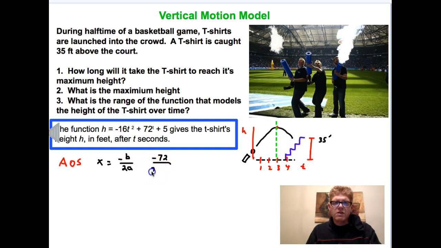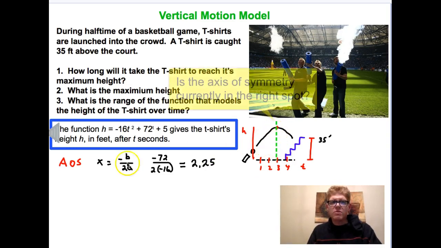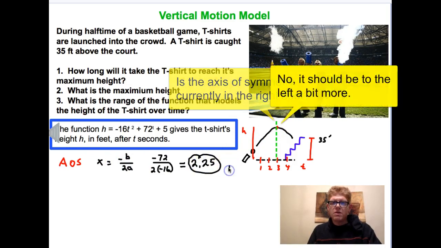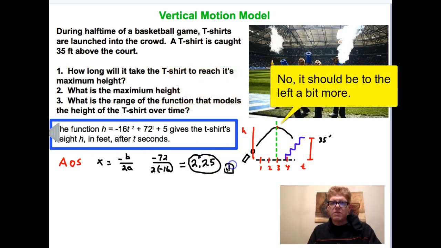Well, in this case, a is negative 16. And then we can punch that into our calculator and find the answer. That is going to give us an x value of 2.25, or 2 1/4. And that is the time at which our t-shirt is going to reach its maximum height. So that's the answer to number 1 right there.